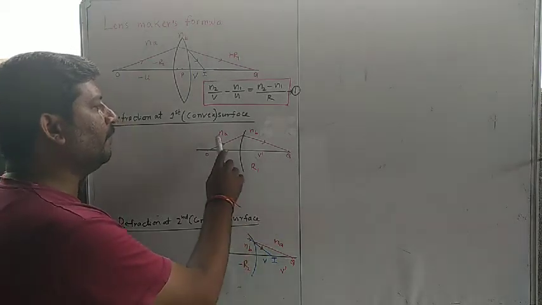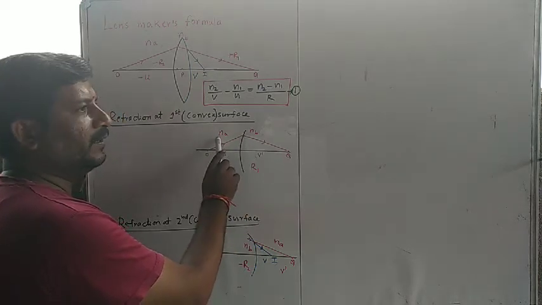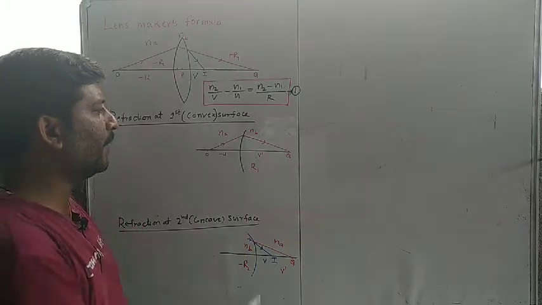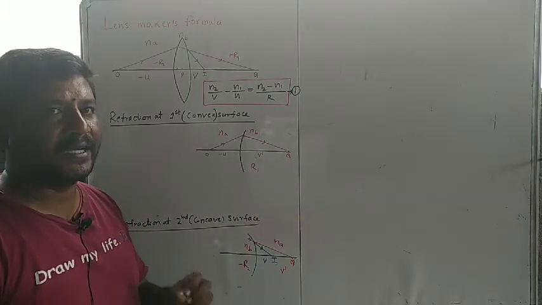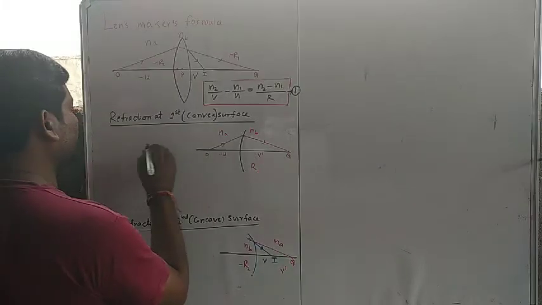Light ray travels from first medium to second medium, that is NA is the refractive index of the first medium, NB is the refractive index of the second medium, and R1 is the radius of curvature of the convex surface. Let us write these values.